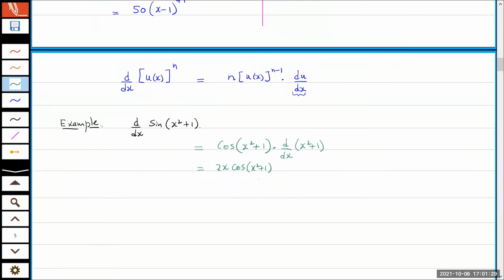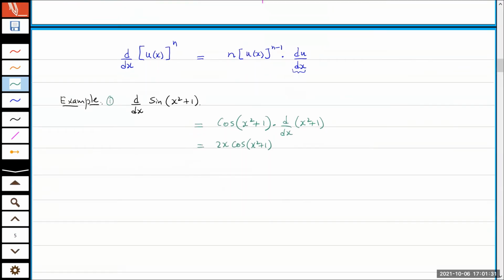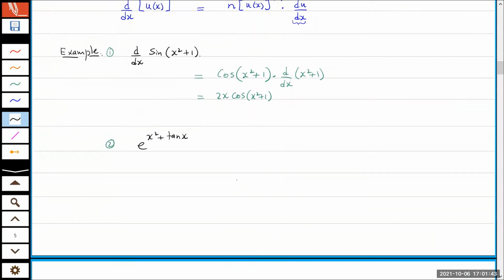Another example to expand on this. This is the first one. Second example. Suppose now my function is e to the x squared plus tan x, and I want to take the derivative of this. I'm going to recall that we said the derivative of the exponential function is the exponential function again.